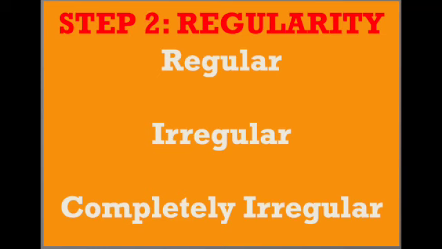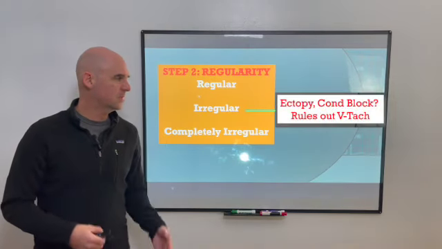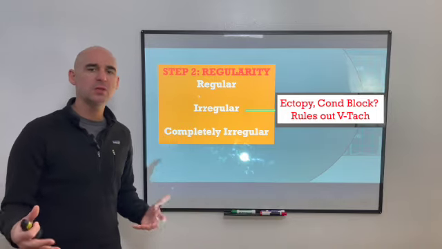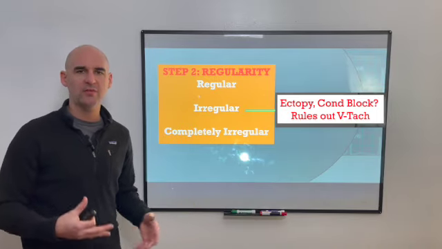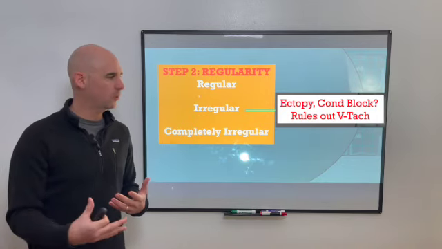So our next step after rate is regularity. We're just determining, is this regular, is this irregular, or is this completely irregular? Regular kind of speaks for itself. Our irregular rhythms, what's causing that? Most of the time we can look on the 12 lead and see that yes, there's some regularity in this rhythm.